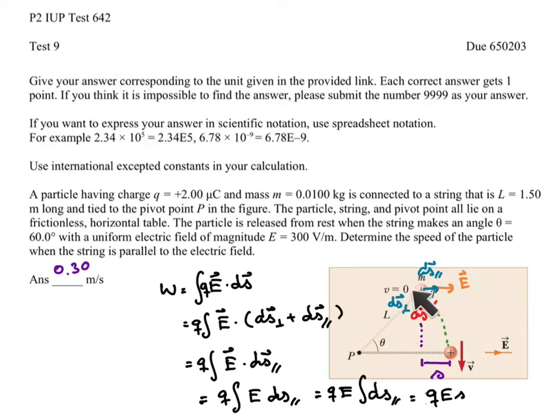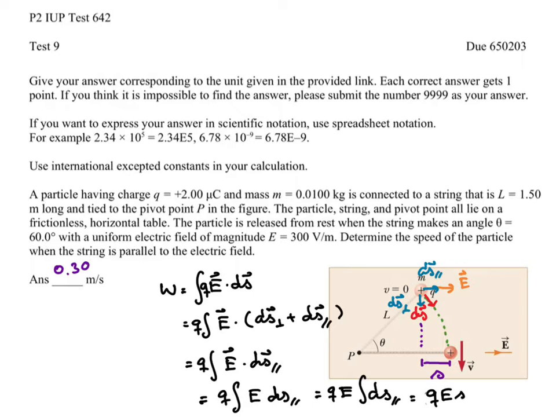We know that the electric field will exert electric force on the particle, and also there is a tension in the string. So the result from the electric force and the tension will make the particle move in a part of a circle. This dashed line is a part of a circle.